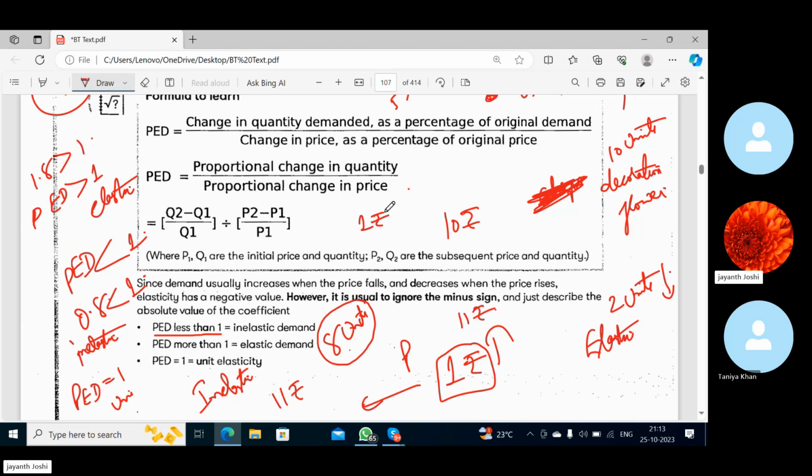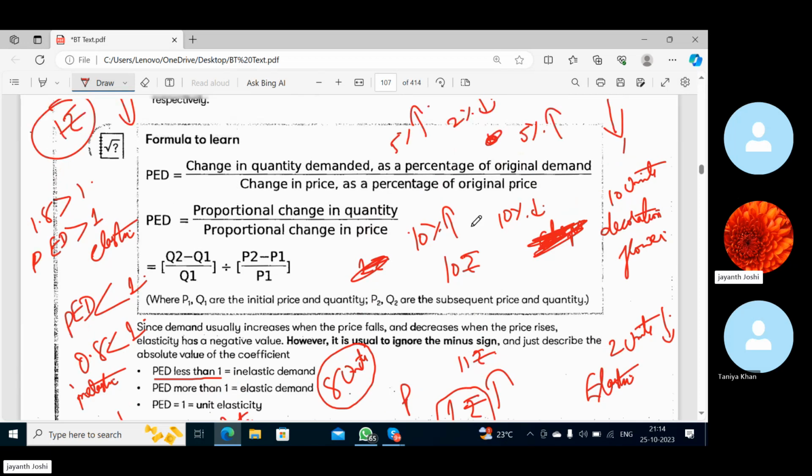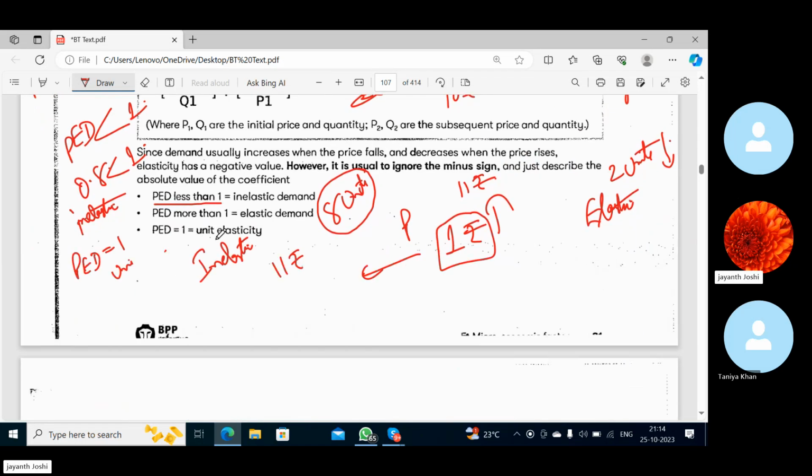Like I said, now I give an example: 10% increase in price is leading to 10% decrease in demand, almost the same. If 10% increase in price is leading to 30% decrease in demand, then it is elastic. If 10% increase in price is leading to 5% decrease in demand, inelastic. This is unitary elastic. Okay, that is what.